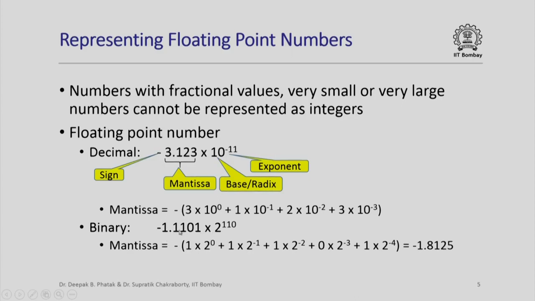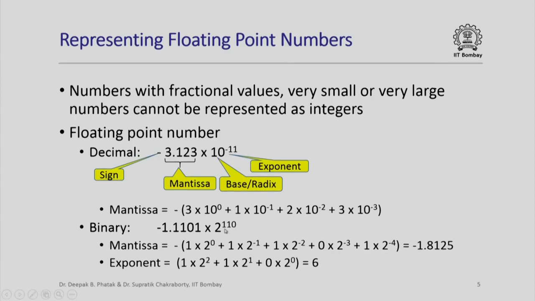And then for the rest of it, just like here we multiplied this by 10 raised to minus 1, the 2 by 10 raised to minus 2, and 3 by 10 raised to minus 3, here we will multiply this one by 2 raised to minus 1, the next one by 2 raised to minus 2, then 0 into 2 raised to minus 3, and finally 1 times 2 raised to minus 4. And if you do all of this calculation, you will find that this corresponds to minus 1.8125 in decimal.